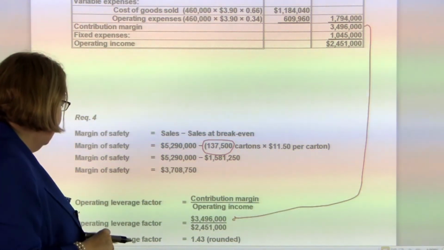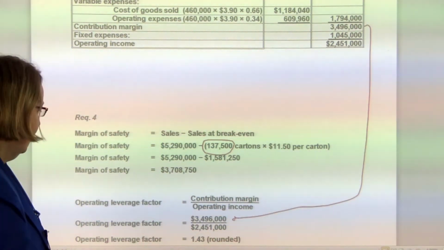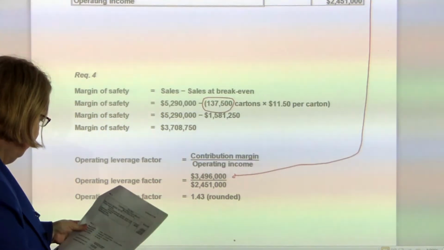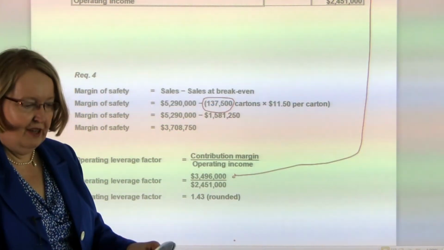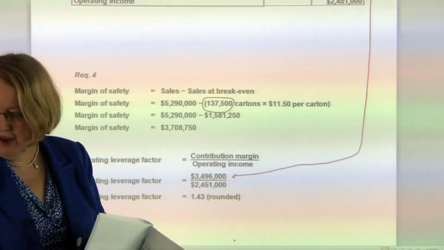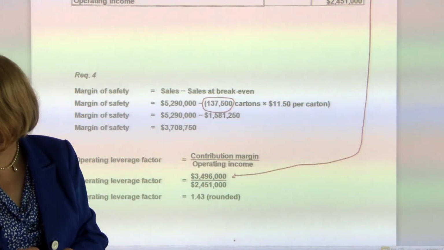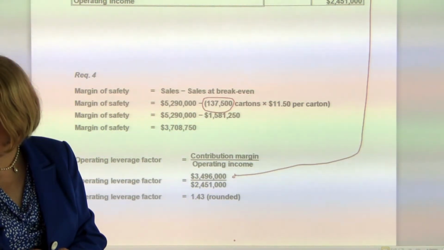So the operating leverage factor is 1.43. And the final part, part 5, asks what percentage operating income will change if July sales volume is 10% higher.